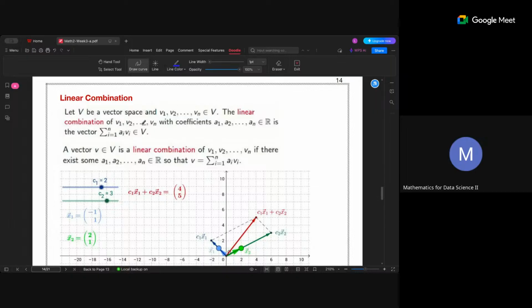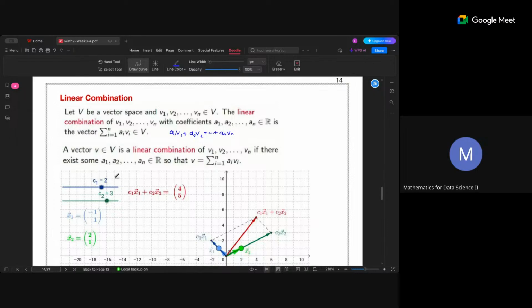A linear combination of the vectors v1, v2, up to vn with coefficients a1, a2, up to an is the vector a1v1 plus a2v2 plus etc. plus anvn. This is called a linear combination of v1, v2, vn with these coefficients.